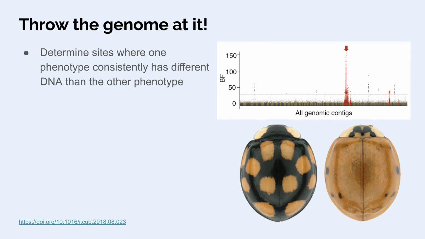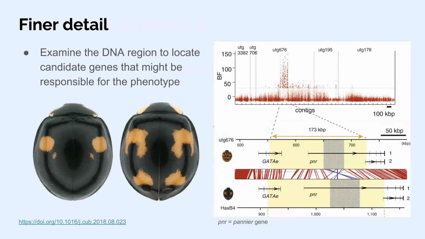So this is an illustration of lots of locations across the genome, and this red area with the arrow is an area where not only these places, but also some around them, this big red zone of genetic information, locations on the genome that are more consistently different between these different kinds of beetles. So that's a genome-wide investigation. This is an investigation that zooms into a finer scale.